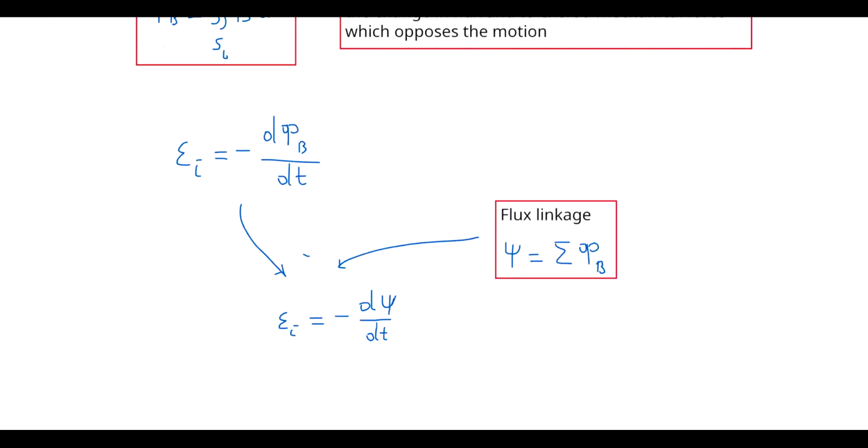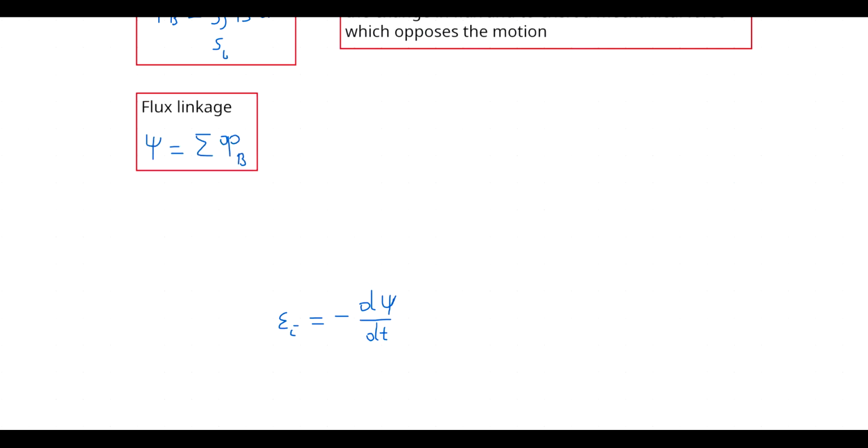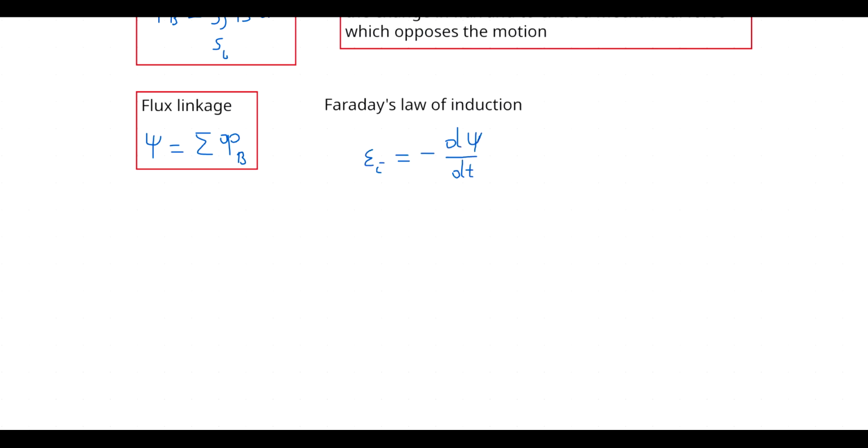If there are no questions, let's write this law in a red frame. So it is Faraday's law of induction.